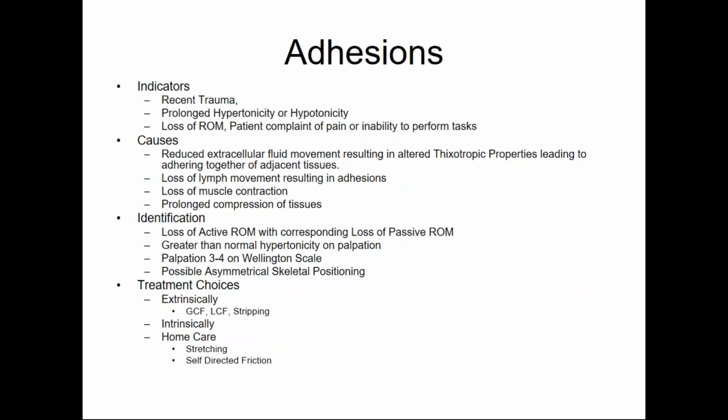There may be patient complaint of pain or inability to perform tasks. These may all occur when you have adhesions. Very often you will find adhesions where you're finding hypertonicities as well.